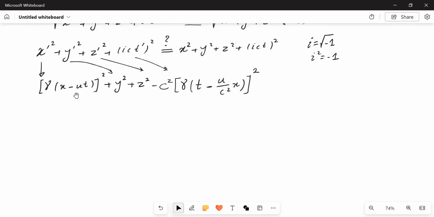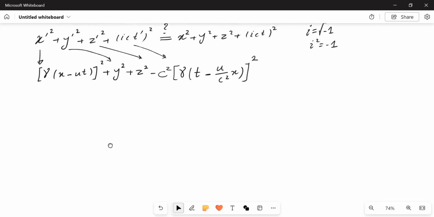Now I have to open up or expand these squares here and work my way and possibly simplify things in order to end up with this. So let's see if it works or not.